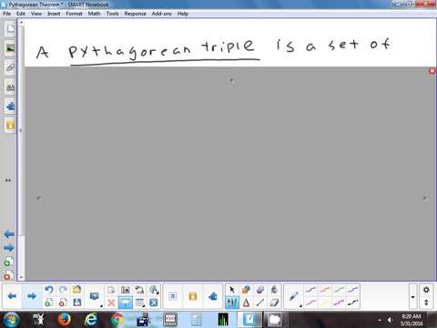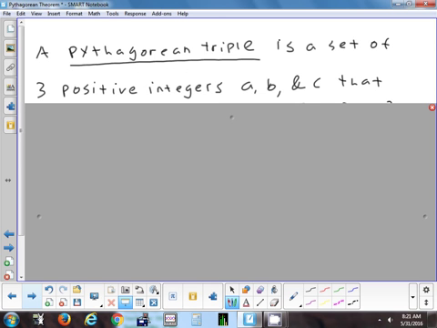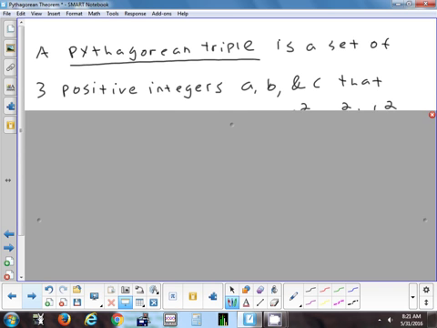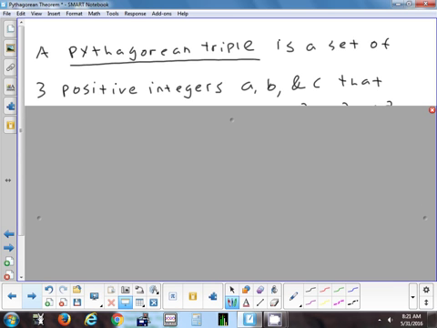A Pythagorean triple. Has anybody ever heard of that before? Pythagorean triple. All right. So on your reference sheet, there's a spot that says a Pythagorean triple is a set of, and we're going to write that down. Okay, Pythagorean triple is a set of 3 positive integers. What's an integer again?